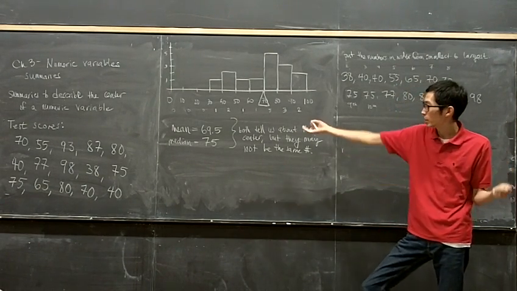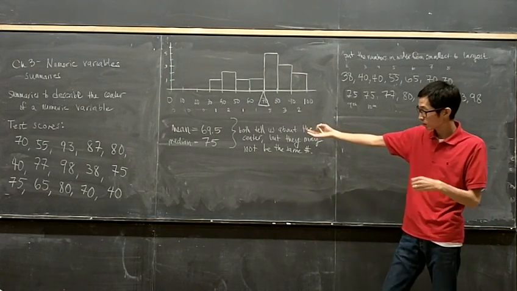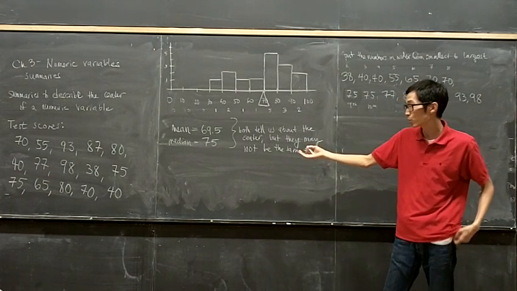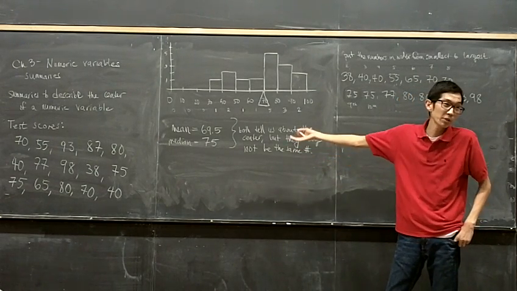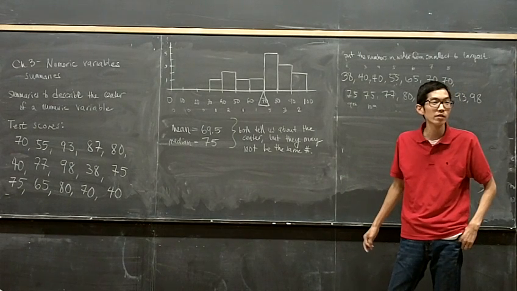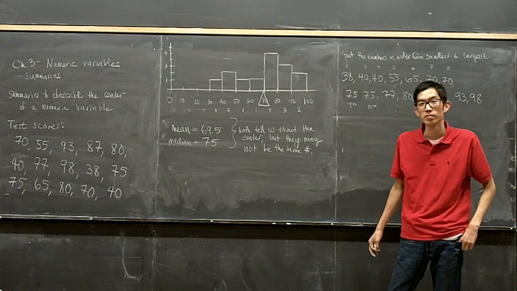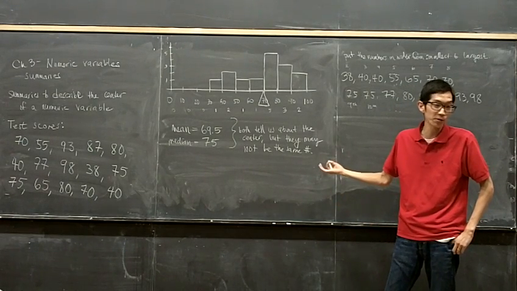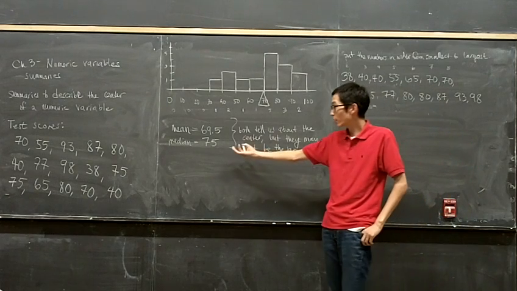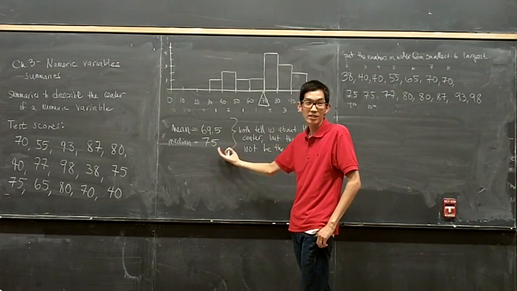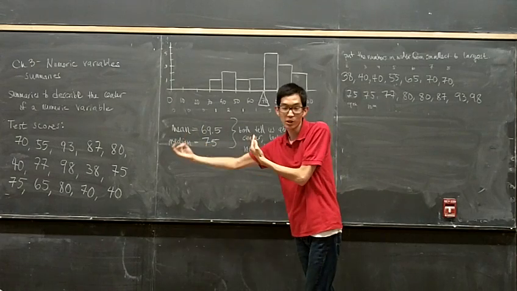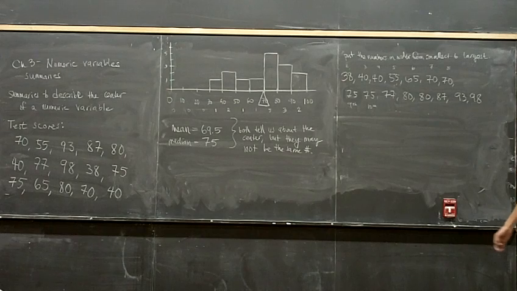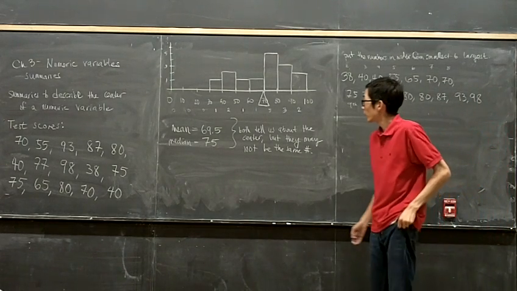Okay. But the balancing point, the mean, is 69.5. So if half of the class scored over 75, how much of the class scored over 69.5? Well, we don't know exactly how much, but we do know that more than half scored over 69.5, because exactly half scored over 75, and so if I'm going lower than that, more than half scored over 69.5.